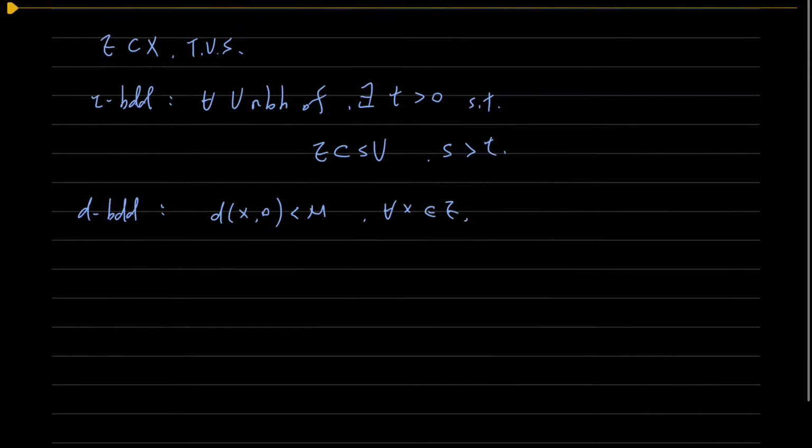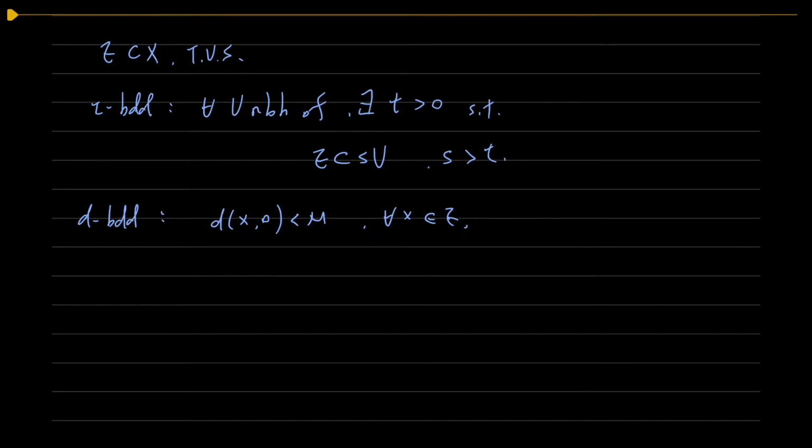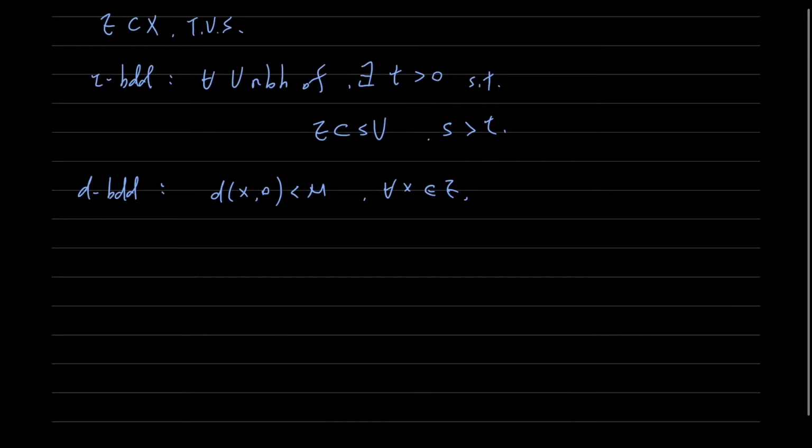And you have to be cautious about these two notions because they are not actually equivalent. So we can have d-bounded sets that are not tau-bounded.